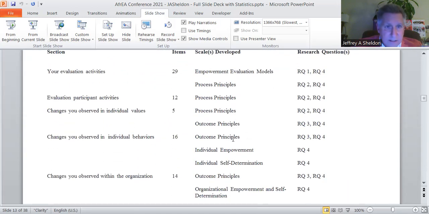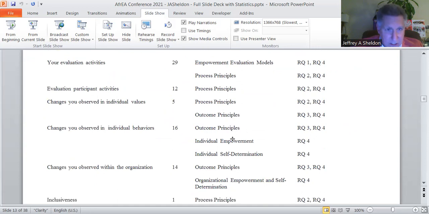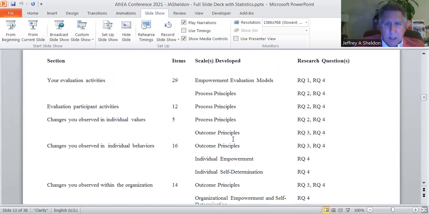So here's the design of the evaluation. What's important here is you can kind of see the sections, how it's broken down. And what it shows you is, because I'm doing empirical research, after I get through the descriptives and the exploratory phase, I use that information for the empirical study, to answer the questions about the influences of models and principles and demographics on empowerment and self-determination.